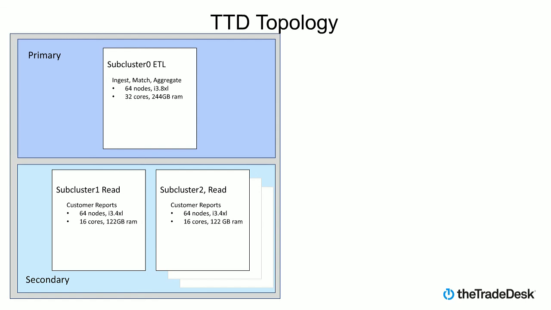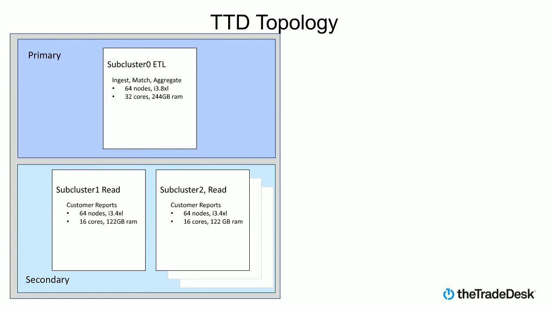When you get into the world of Eon, there are primary subclusters and secondary subclusters, and it has to do with quorum. Primary subclusters are the subclusters that we always expect to be up and running, and they contribute to quorum. They decide whether there are enough nodes to have the database start up.